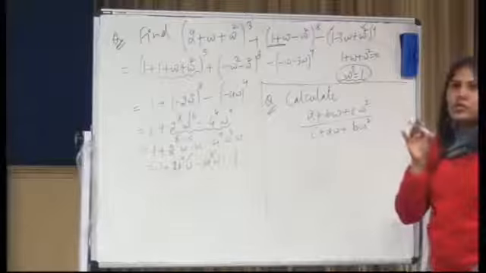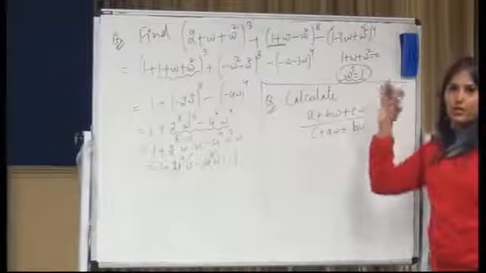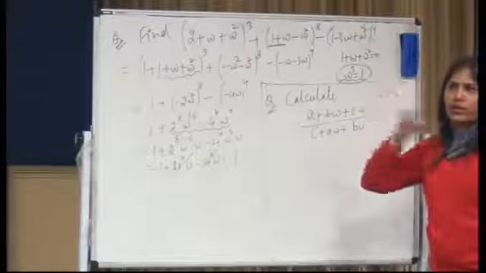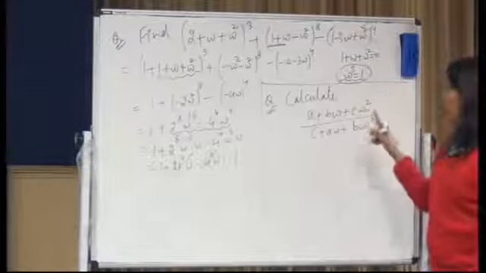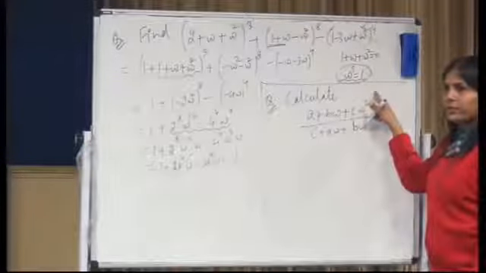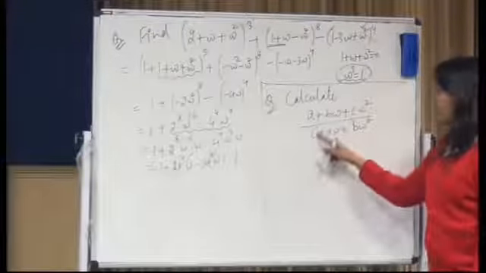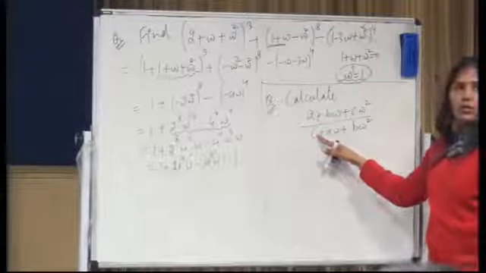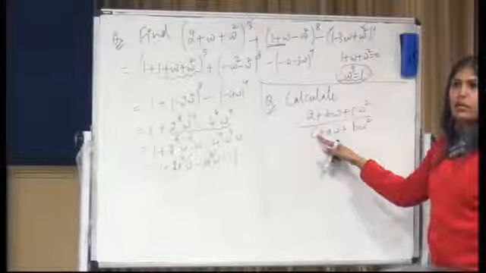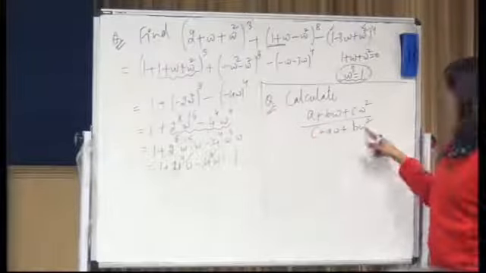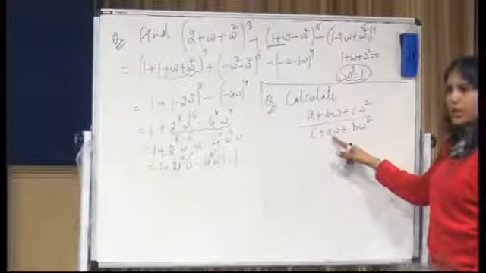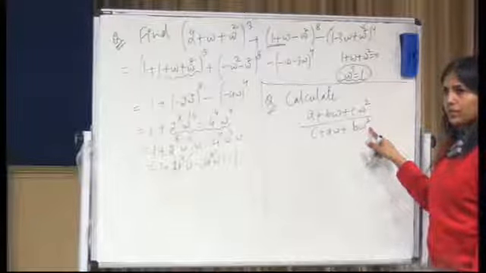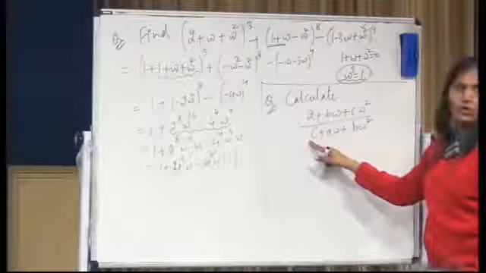The only motto is that if anyhow the numerator and denominator can be cancelled, fine. Here we have omega square. If I write this 1 as omega cube and take out omega common, this will become a, this will become b, and then c omega square. Getting the idea?